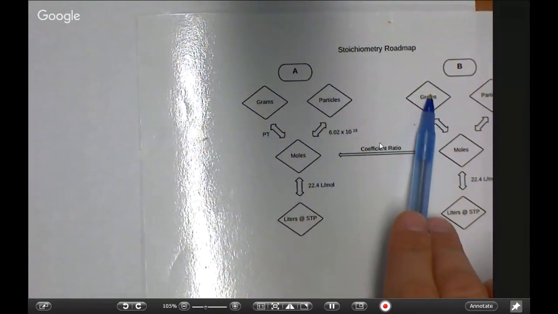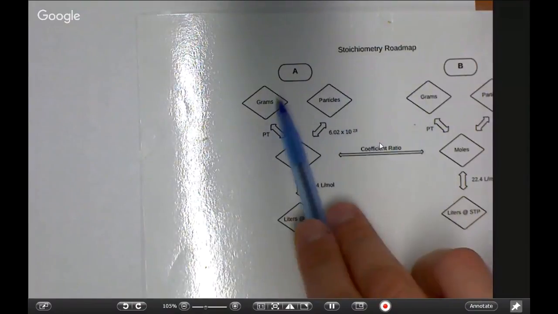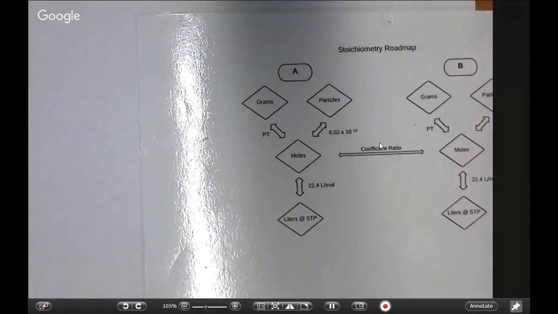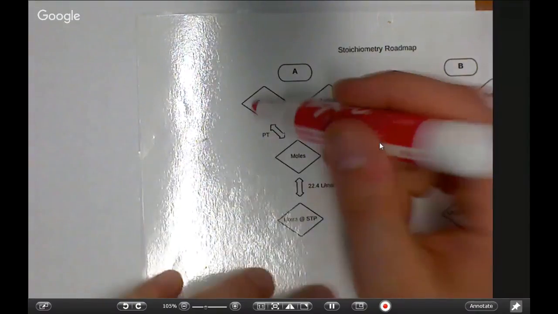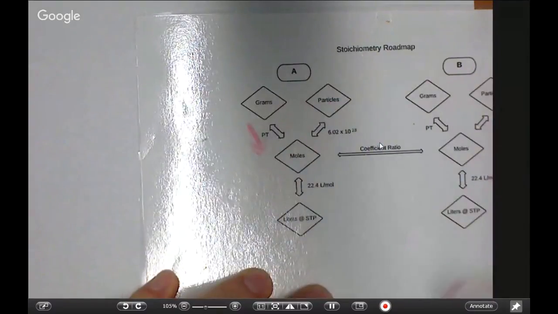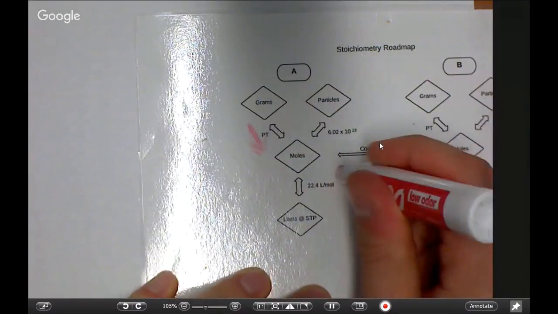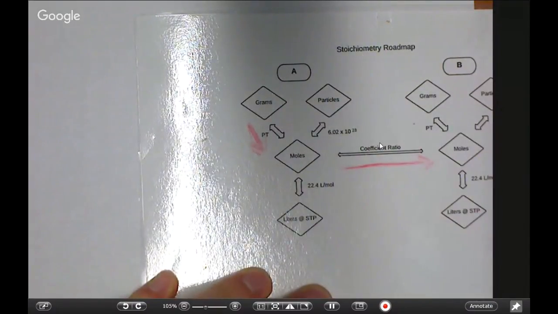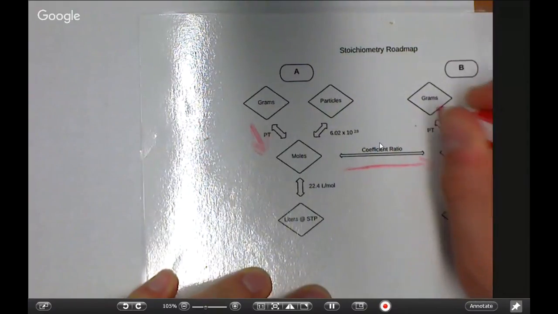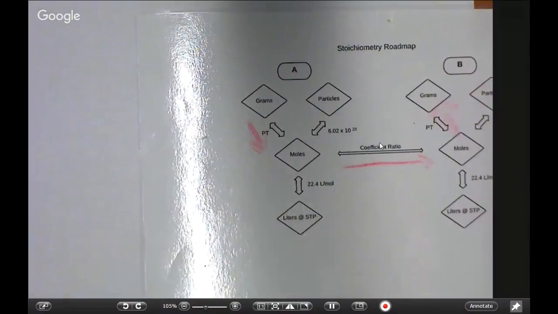We see from the roadmap that we can't go directly from grams to grams in one step, but rather by following the course from grams to moles, moles to moles, and then moles to grams. That marker's not very good, but I think you get the idea.